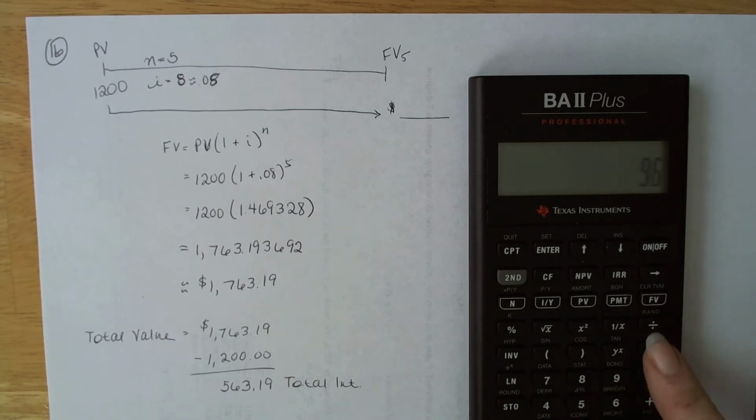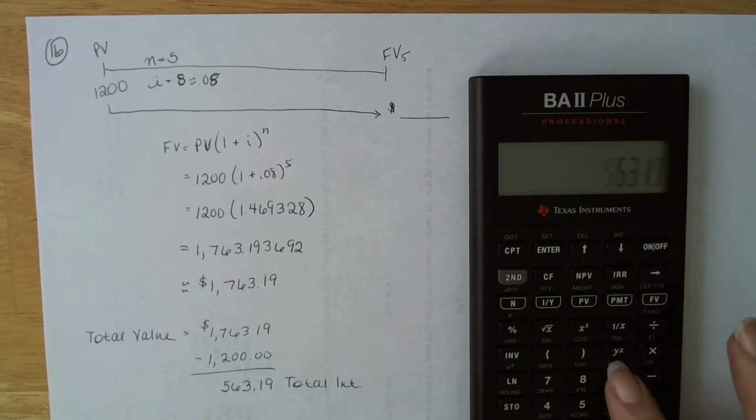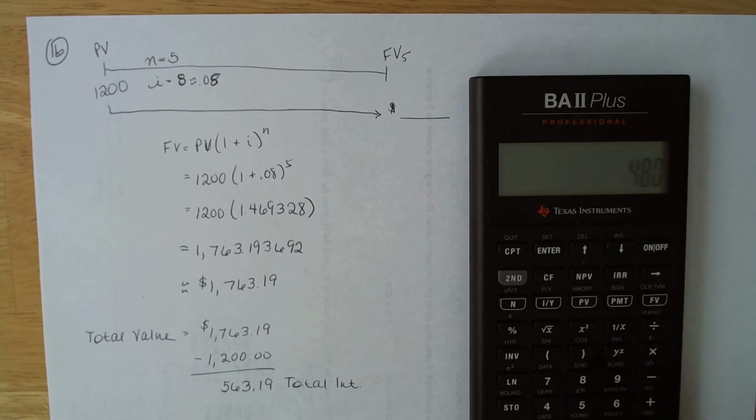So if we take 96 times 5, the simple interest that was earned was $480. Then we take the total interest of $563.19 and subtract out the simple interest, which is what was earned on the original $1,200. What it leaves us is interest on interest, which is $83.19.